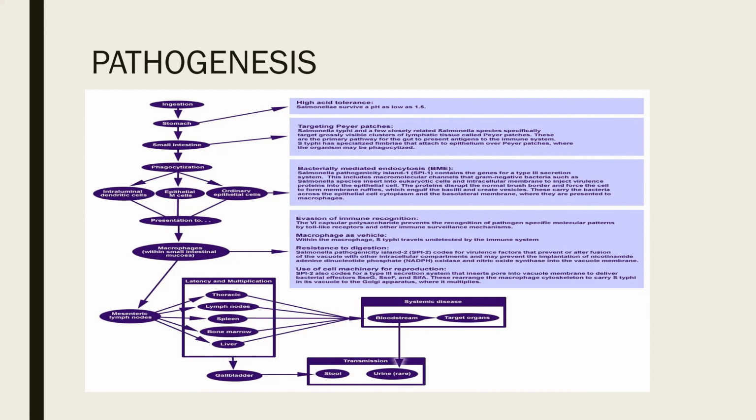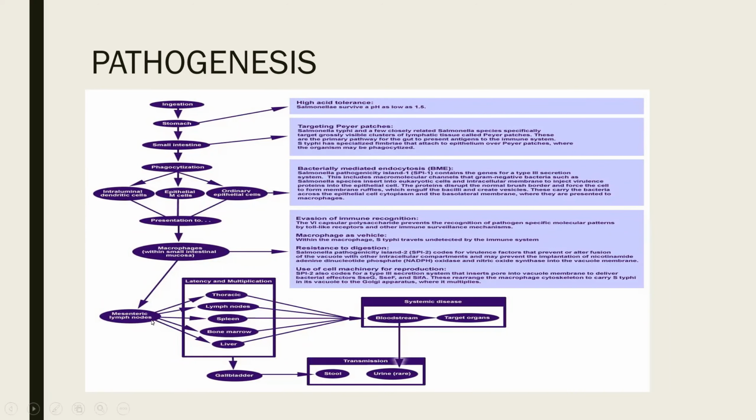So it's able to evade the immune responses, like the toll-like receptors and all the other immune surveillance. And as I said, it uses the macrophage as a vehicle. It is taken through the intestinal tract and then sent to the mesenteric lymph nodes.